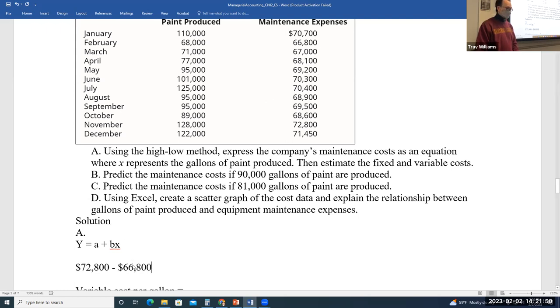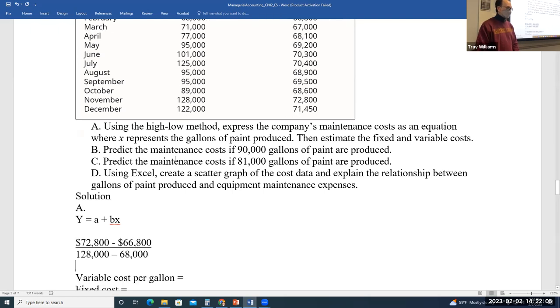We're going to divide that by the activity. The activity in November was 128,000 gallons, and in February, 68,000. So then we can simplify this to actually get the difference.